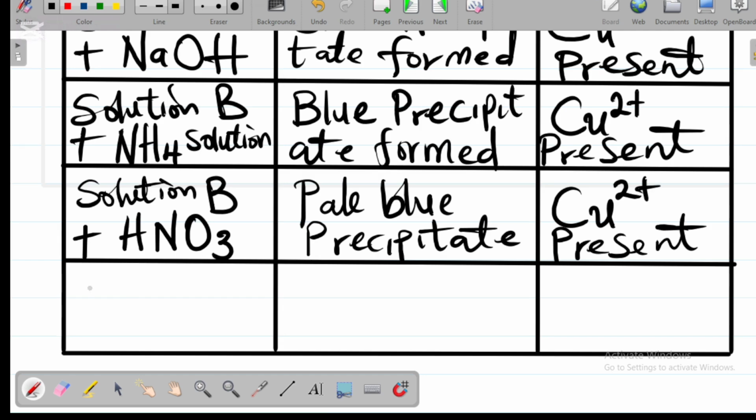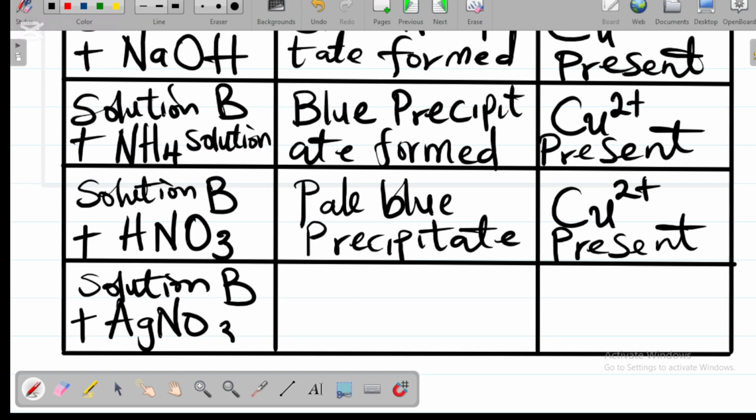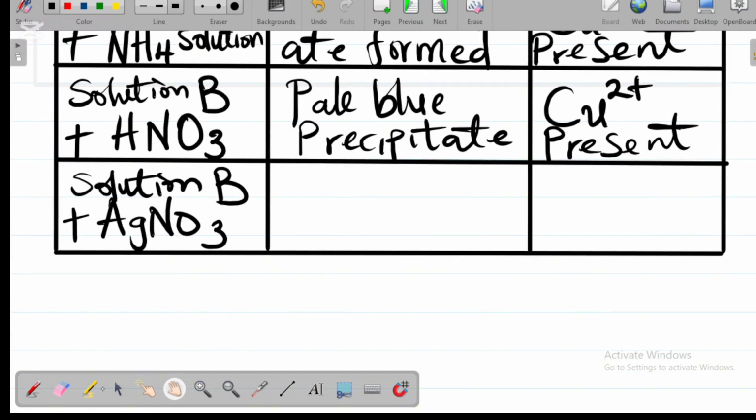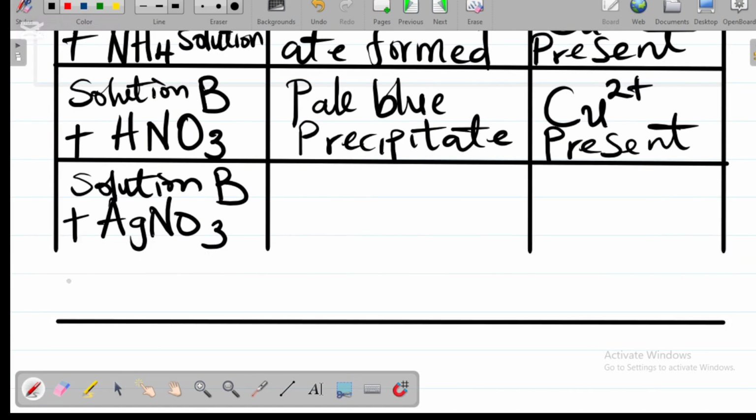And then the fifth one, it says solution B plus silver solution. All right, if you check the fourth question there, you will see that it has dilute nitric acid followed by silver nitrate solution. So we write here solution B plus silver nitrate solution. What should be your observation?